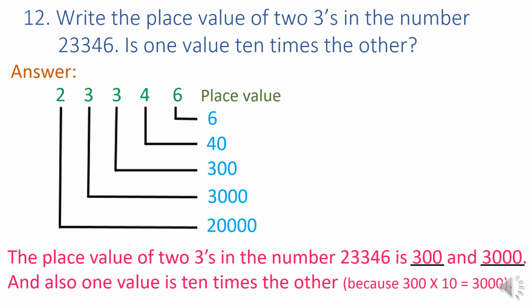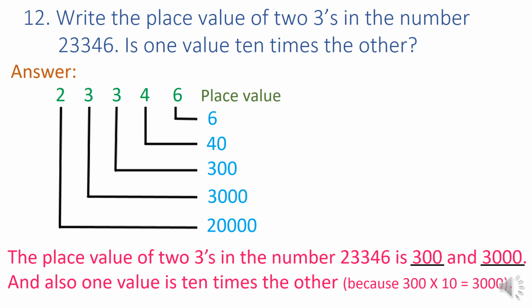So the place value of 2 3's in the number 23,346 is 300 and 3,000. And also 10 times 300 is 3,000.